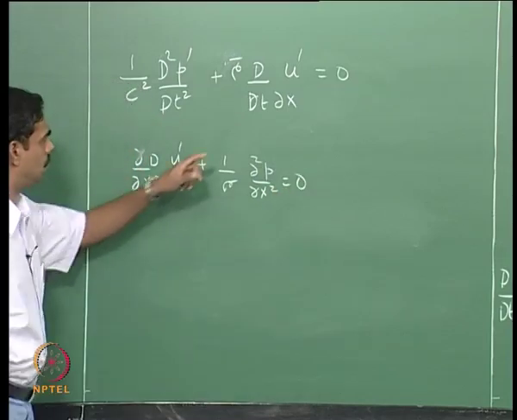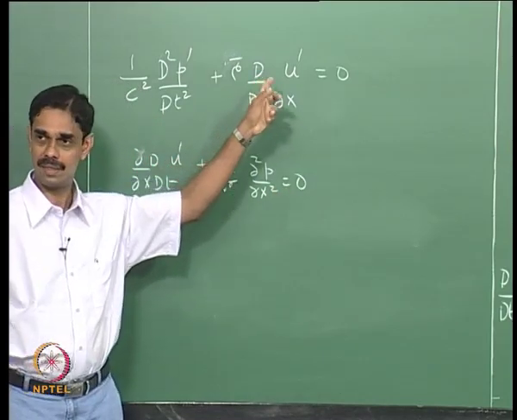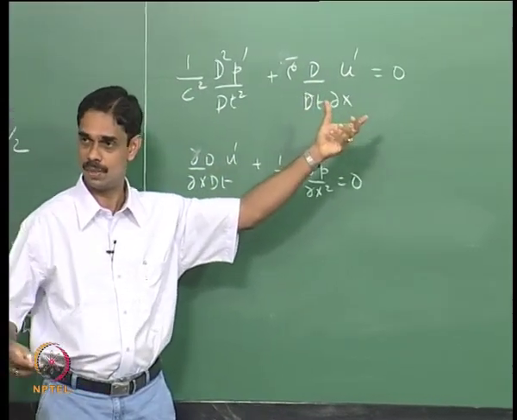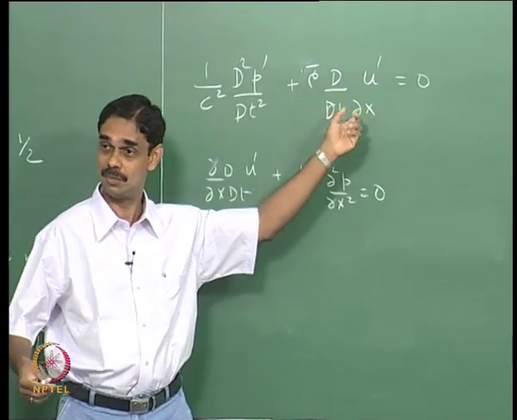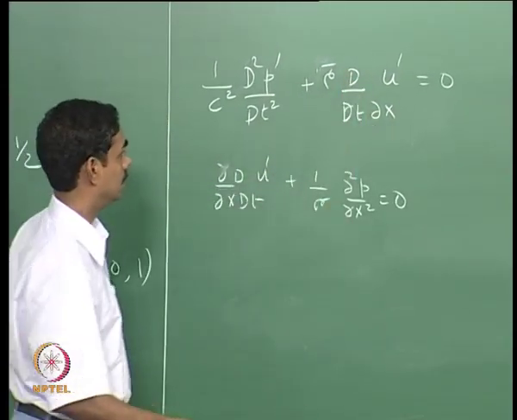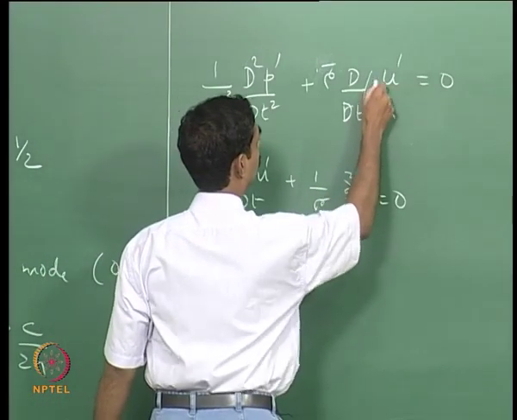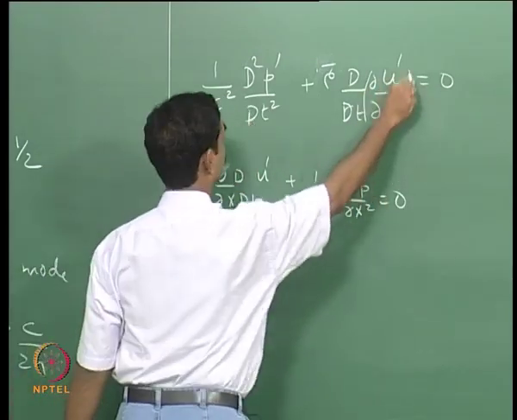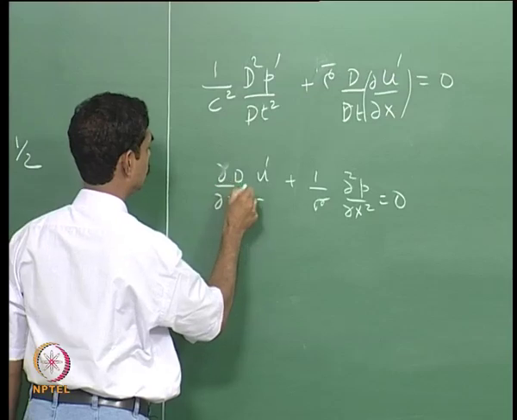So this means that you have to operate d by dt first and then dou by dou x. I don't know how to write it. I hope the symbol is okay, or should I write d and dou? Yeah, I think this is probably more appropriate.